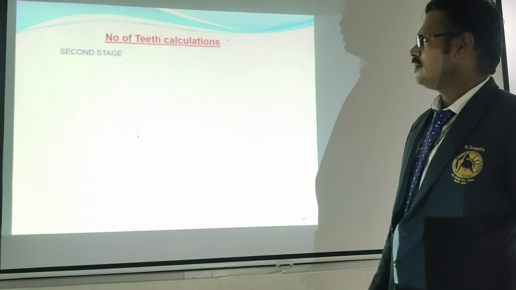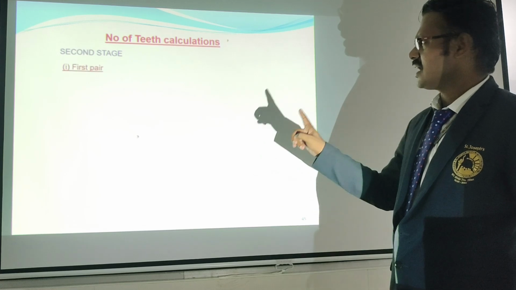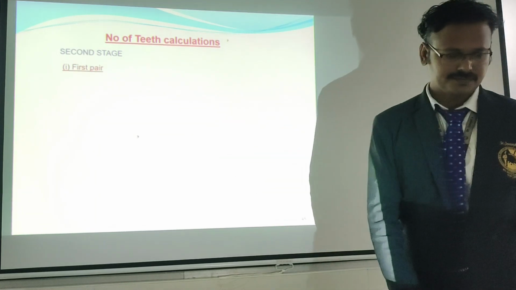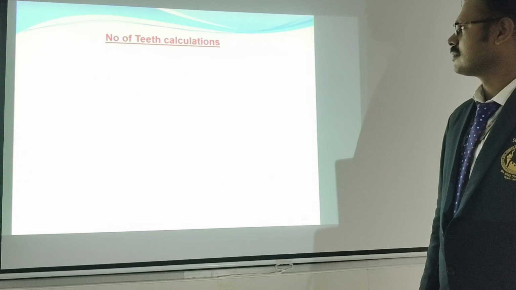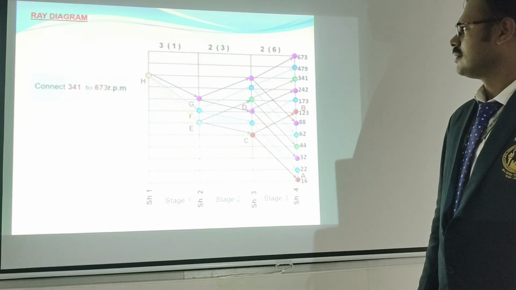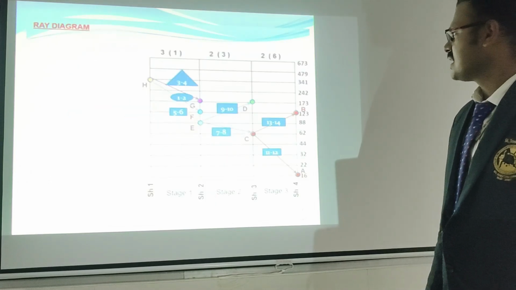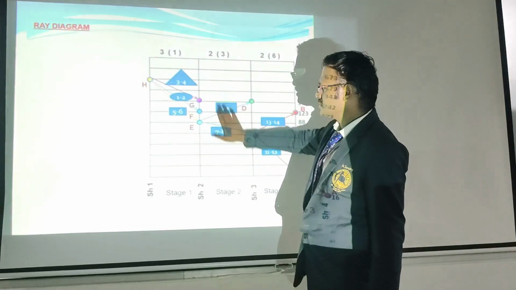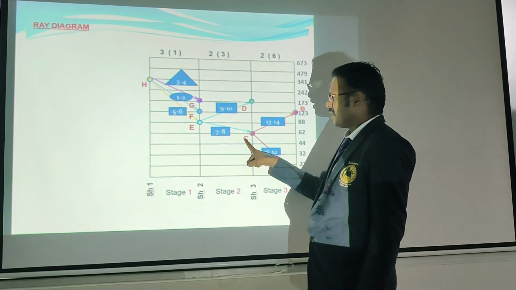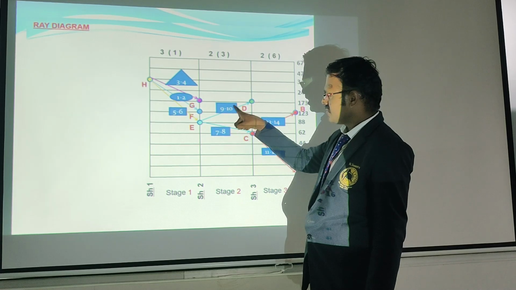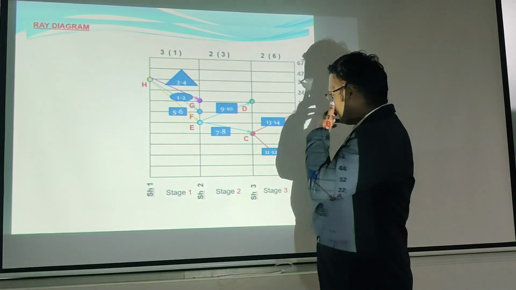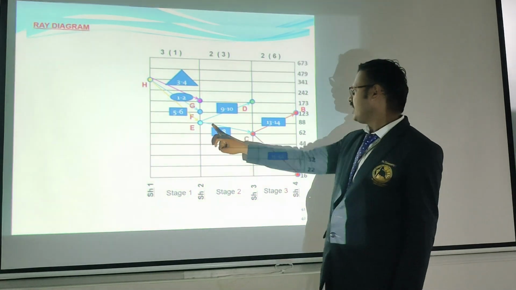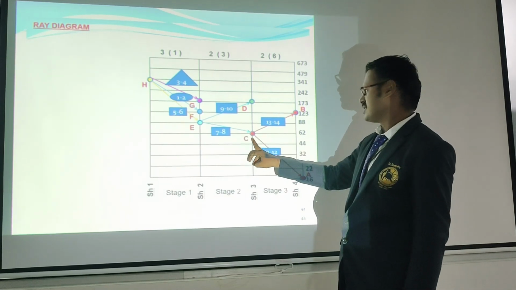Now we will move on to second stage first pair. In ray diagram, second stage, it is the second stage first pair. This is second stage second pair. So the input RPM is 88, the output RPM is 62.